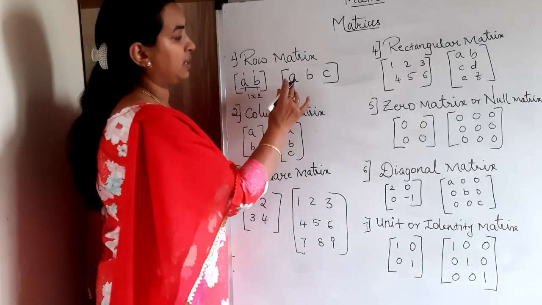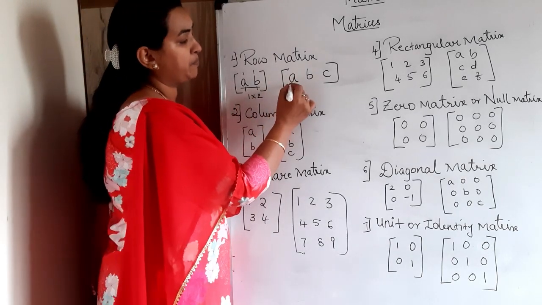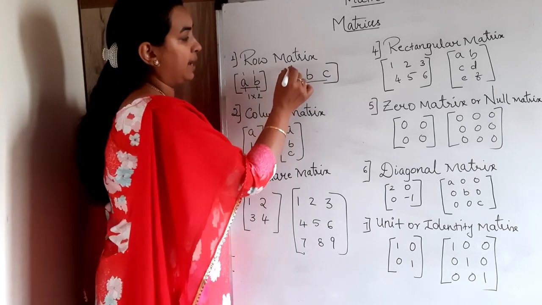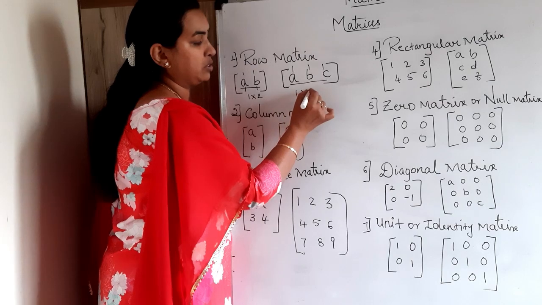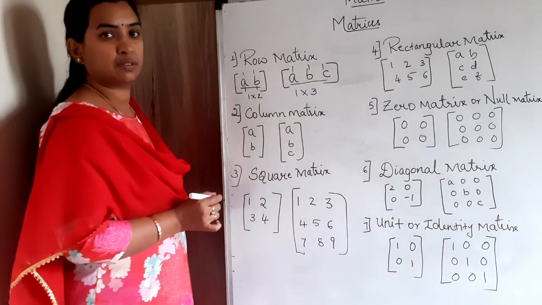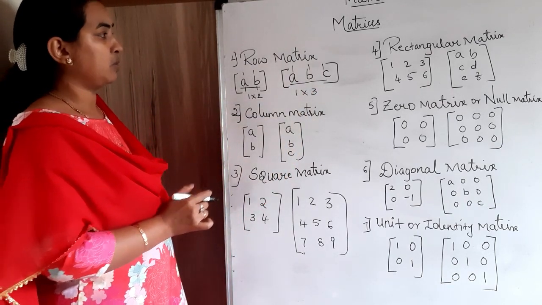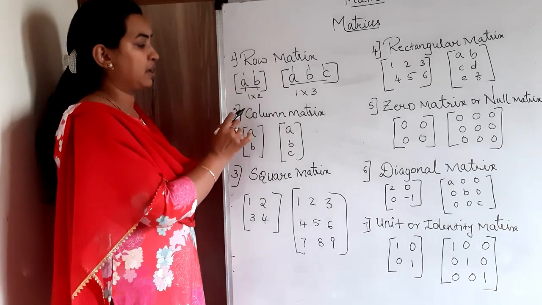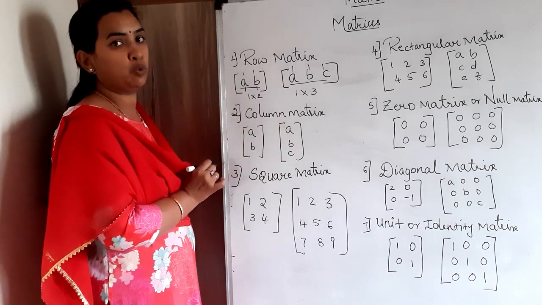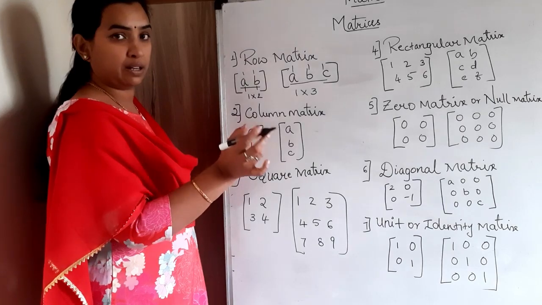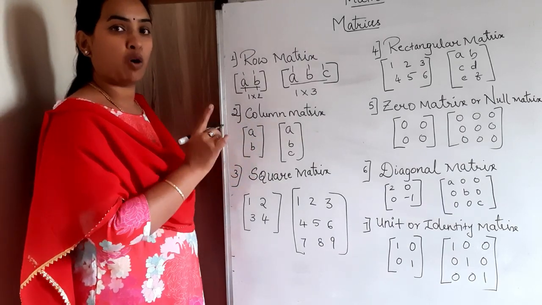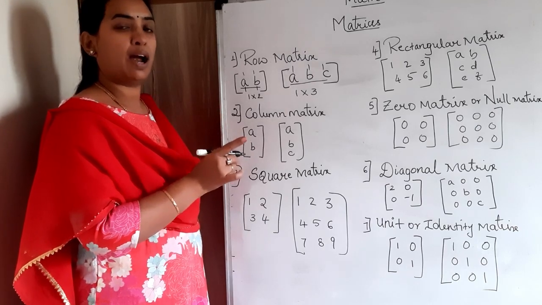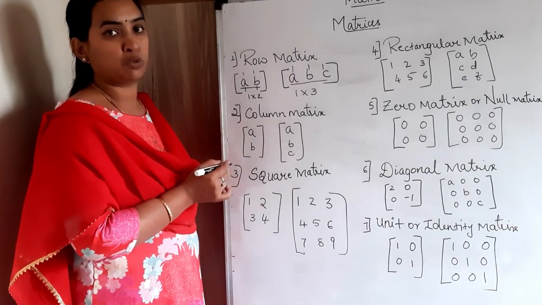Okay. Similarly, in this example, there is one row and 3 columns. So it is 1 cross 3. In a row matrix, the number of rows must be equal to 1. Similarly, in a column matrix, the second one, the number of columns must be 1 and there may be any number of rows.